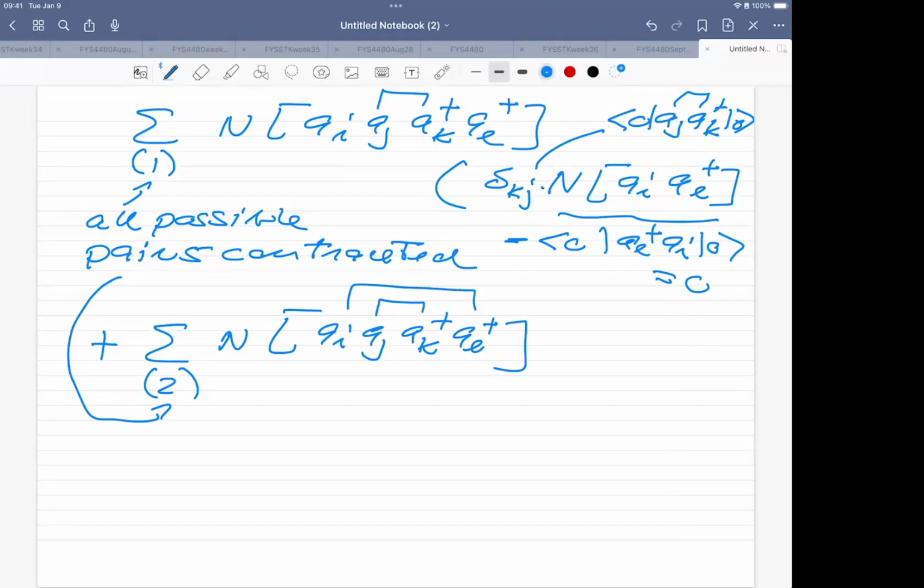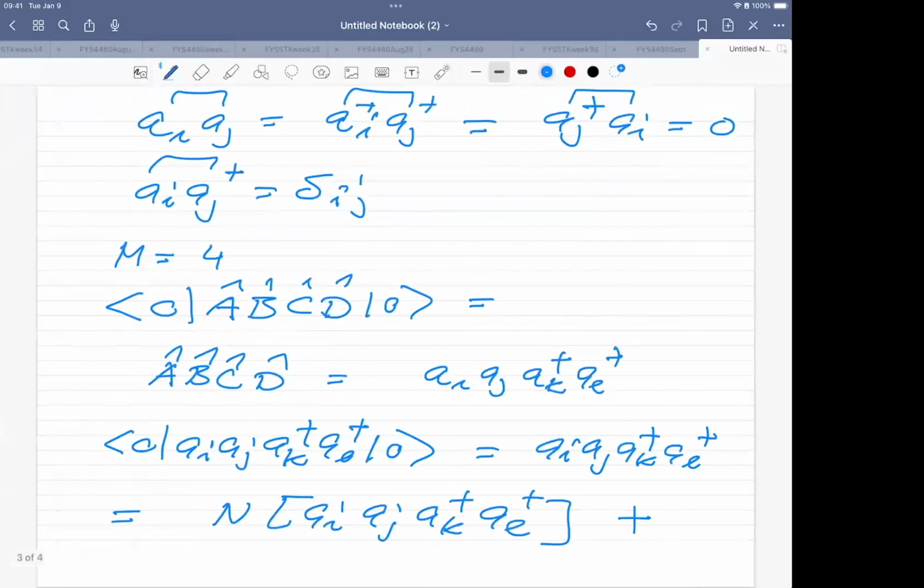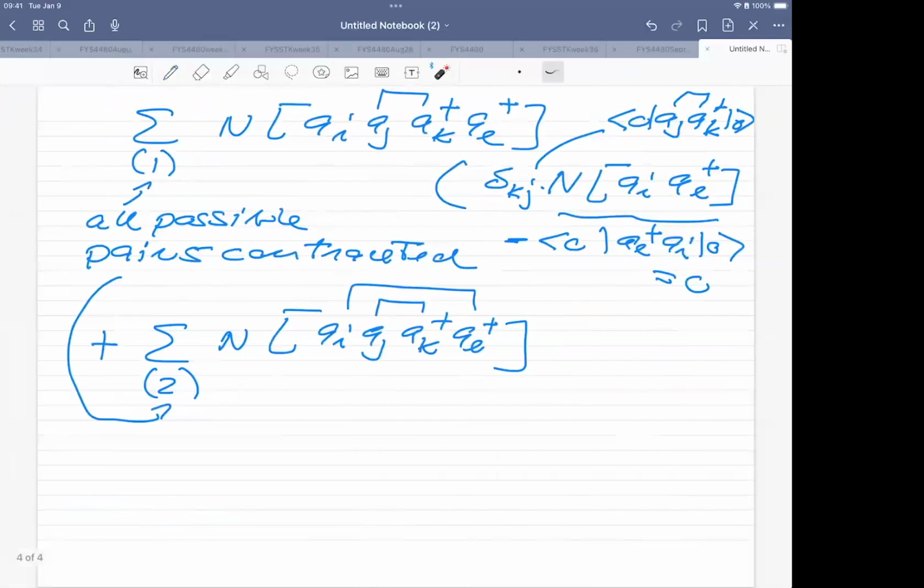But then if we look at the relations we had previously, there's only one of these contractions which gives non-zero. So that means that if I take that contraction or that one, that will obviously be equal to zero. So in this case here, in addition to that one, there's going to be this one times that one. These are the only non-zero ones.